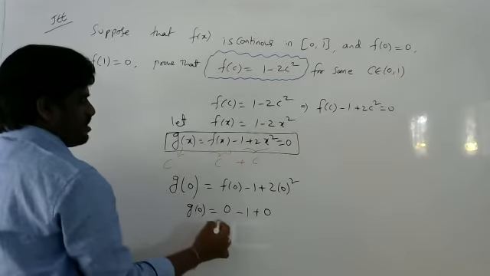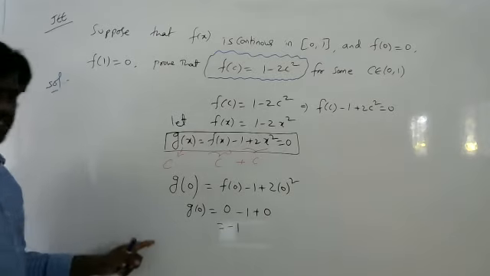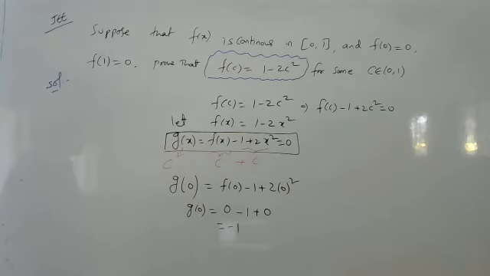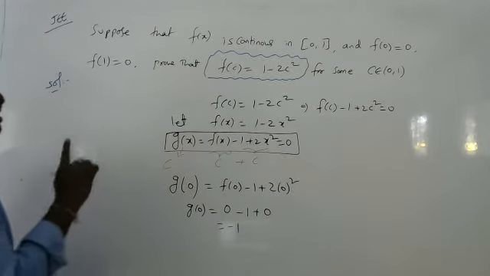So g of 0 I got minus 1. Did you understand? So g of 0 is minus 1.